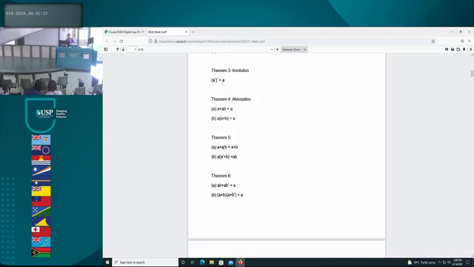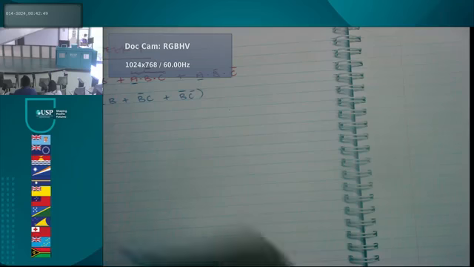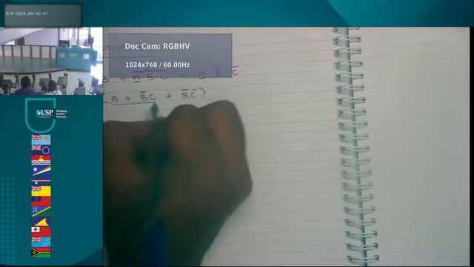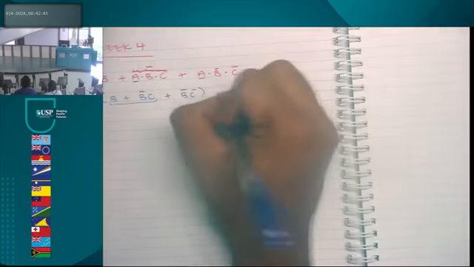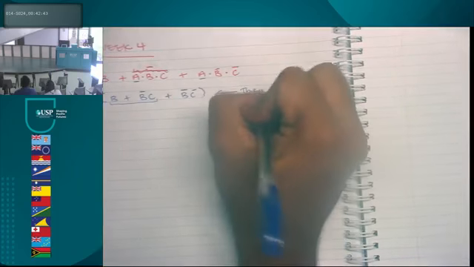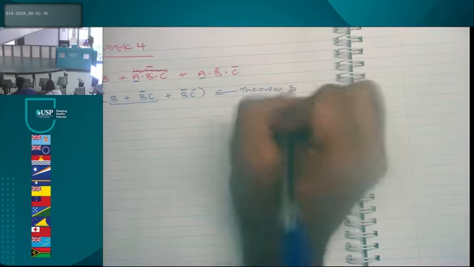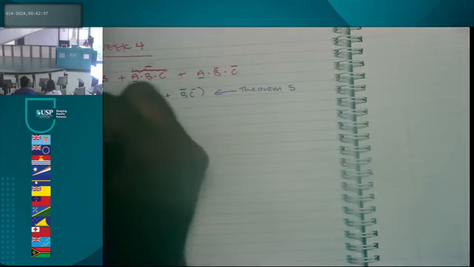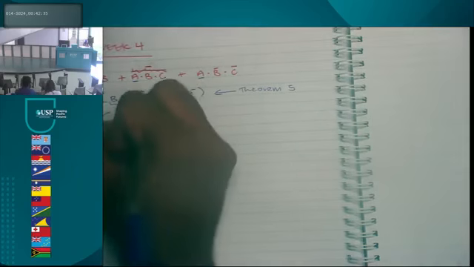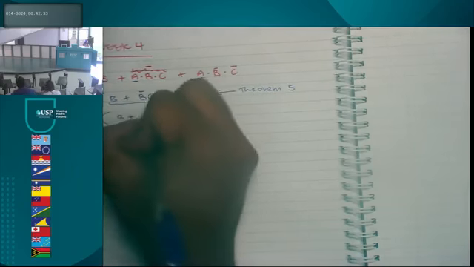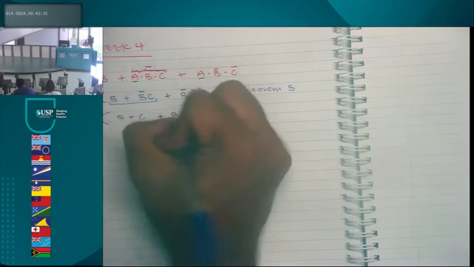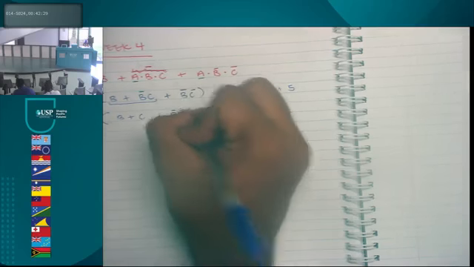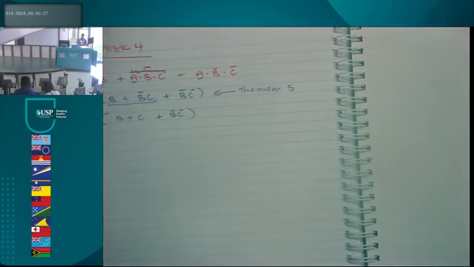It's A or A inverted B. This comes as A or B. So now if you see the same thing here, that's the same thing. So we're using theorem 5 here. And we're basically going to get B or C plus that. Okay?